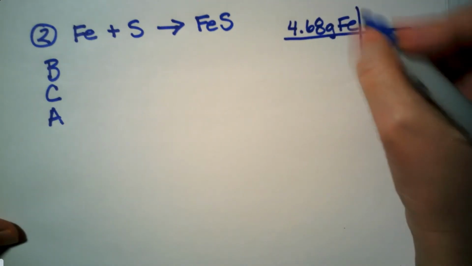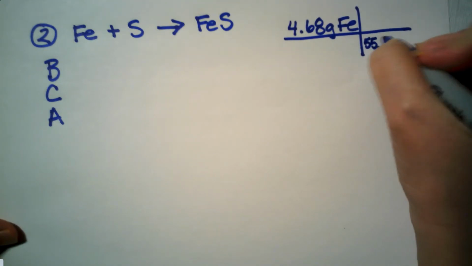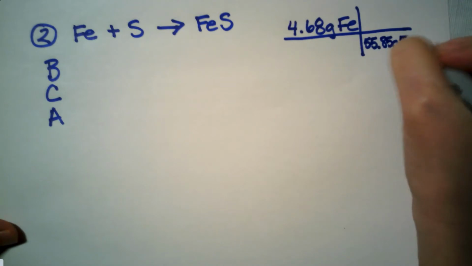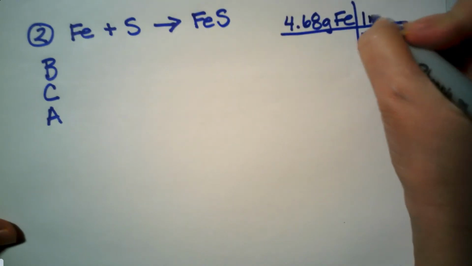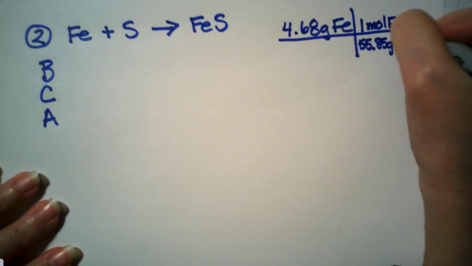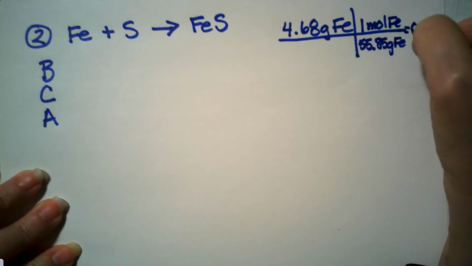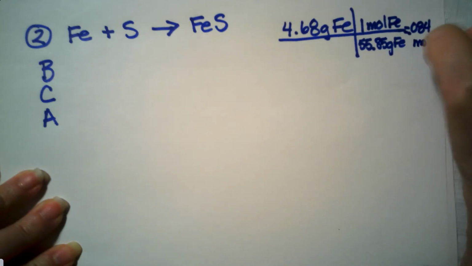So looking on our periodic table, 55.85 grams of iron for every 1 mole of iron gives us 0.084 moles of iron.